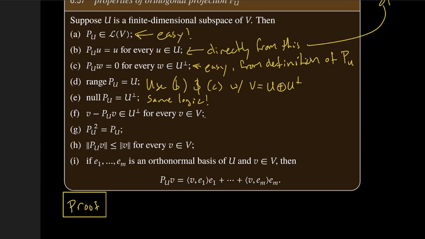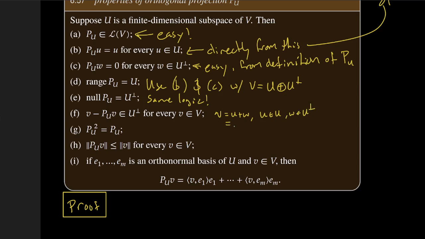All right. Not too bad at all for the next one. F says that v minus P_U of v is in U perp. So v equals u plus w, u in U, w in U perp. Okay.